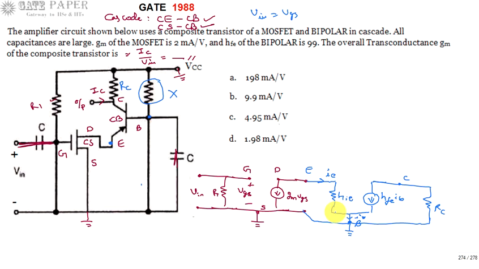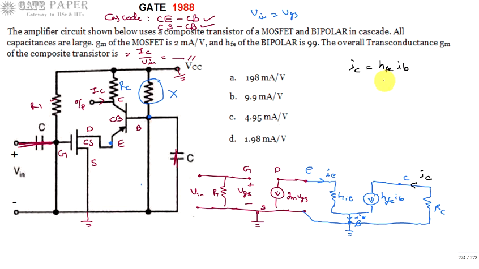Now the overall transconductance is nothing but the collector current over the input voltage, so it is IC divided by V input. I can write IC is equal to HFE times IB.